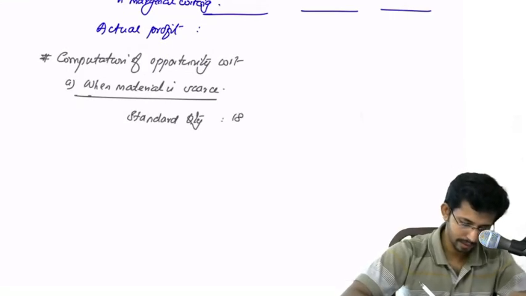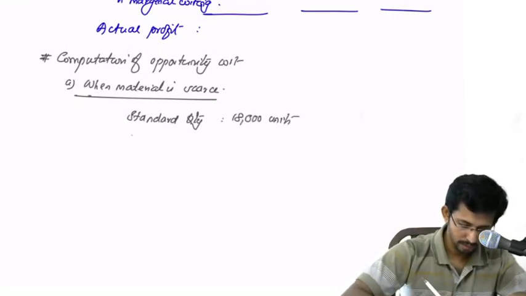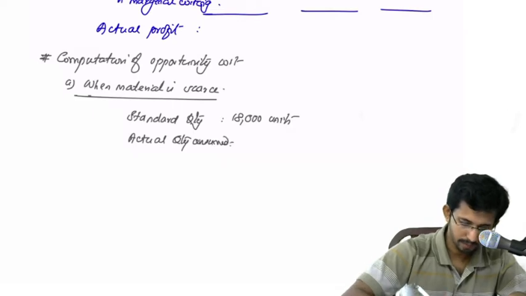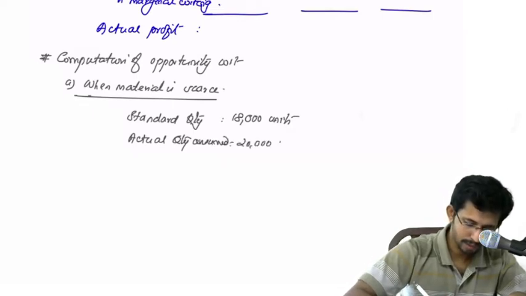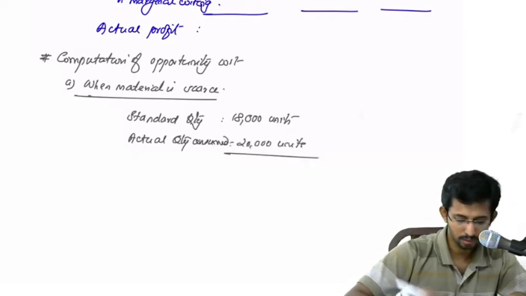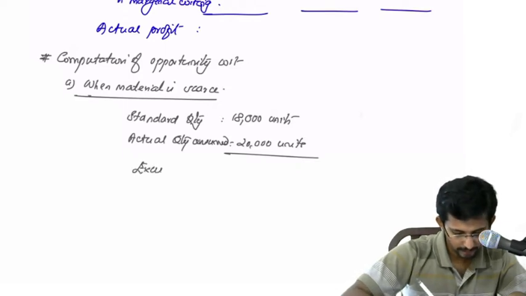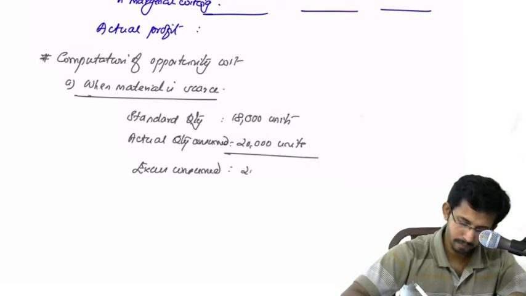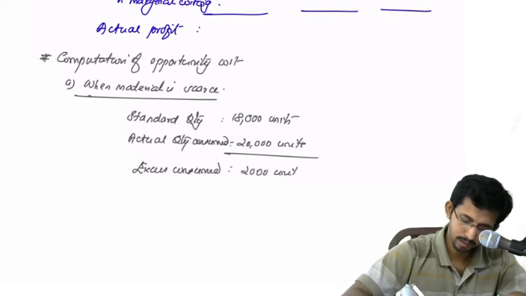Standard quantity is 18,000 units, but actual quantity consumed 20,000 kg. So excess consumed 2,000 units.